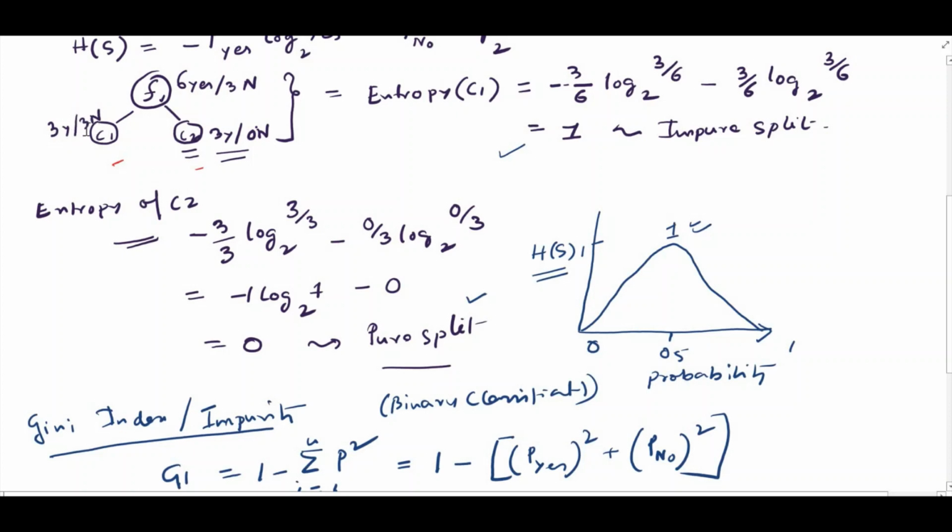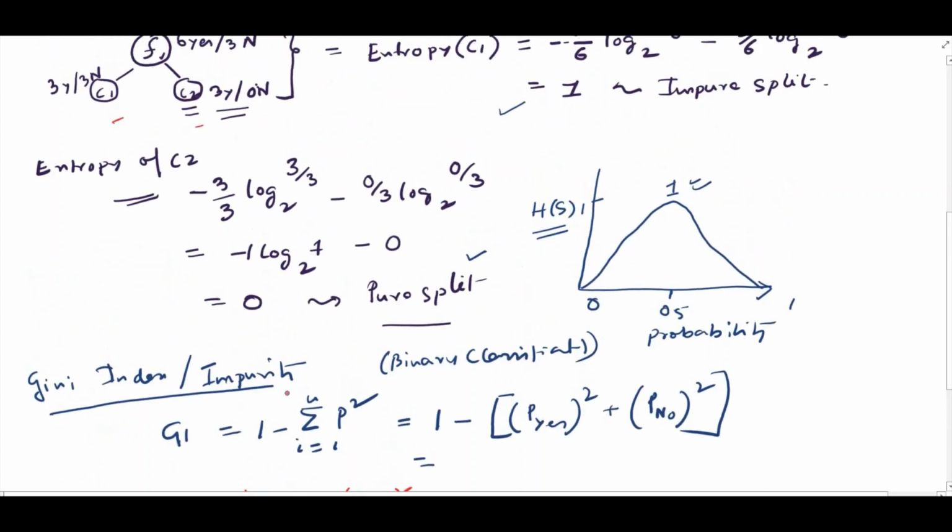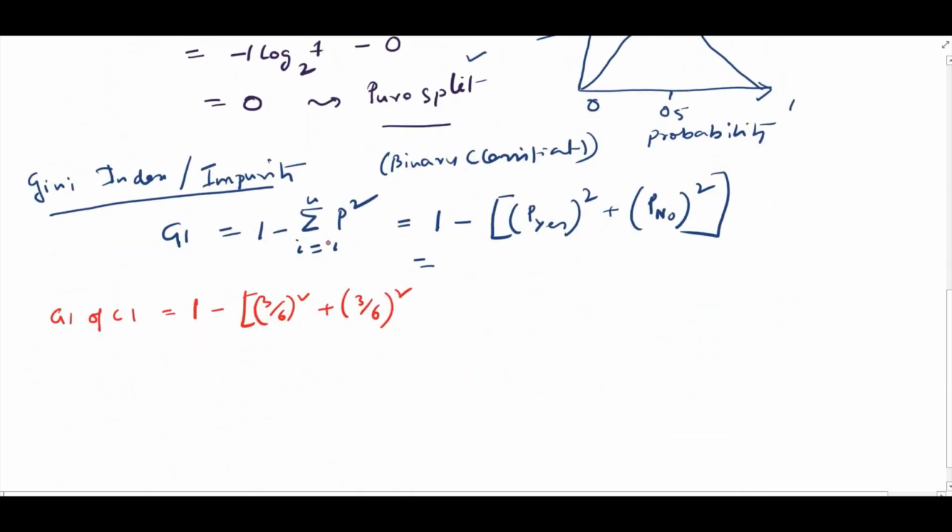C1 is basically 3 yes and 3 no. So if we have to calculate this, it will be 1 minus 3 by 6 whole square plus 3 by 6 whole square. That's the Gini index or Gini impurity of C1, and it gives me 1 minus half, so it is 0.5.